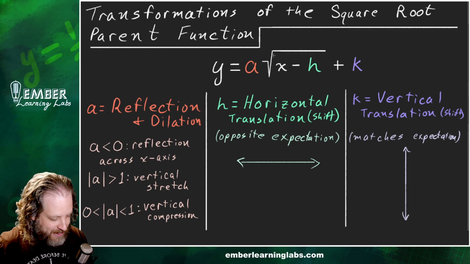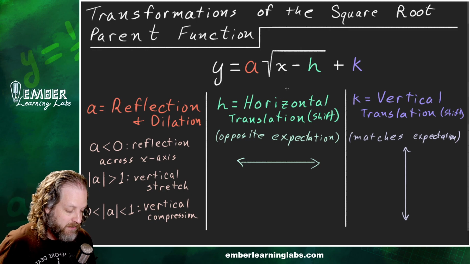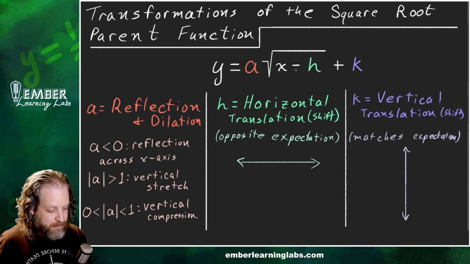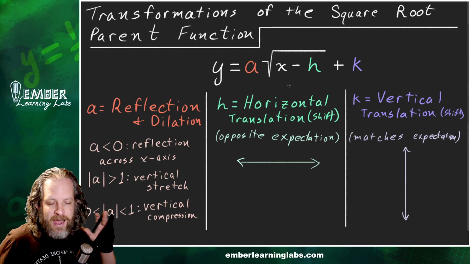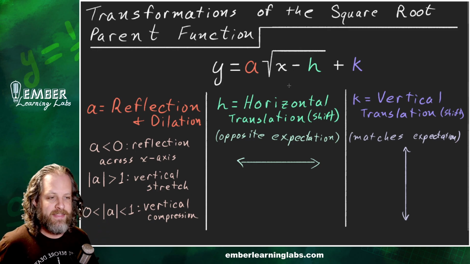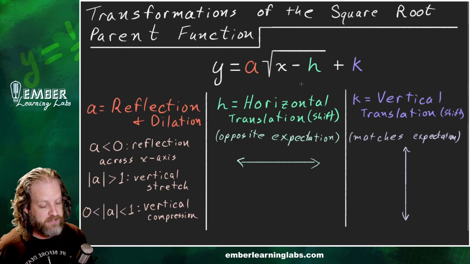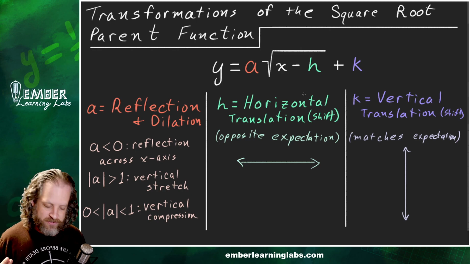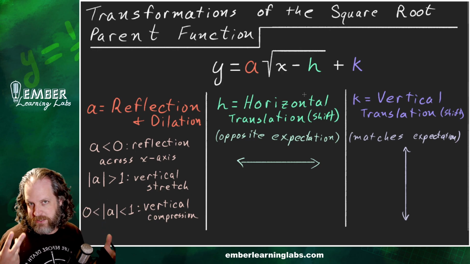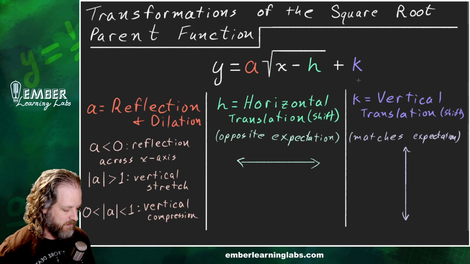Now, it doesn't really, because of this negative. So if h is positive, it actually does move to the right, so I think it's better to not think about it that way. If it's x minus 2, then it's going to move to the right. If it's x plus 2, it's going to move to the left. So it moves opposite of the way you'd expect, because of that negative.